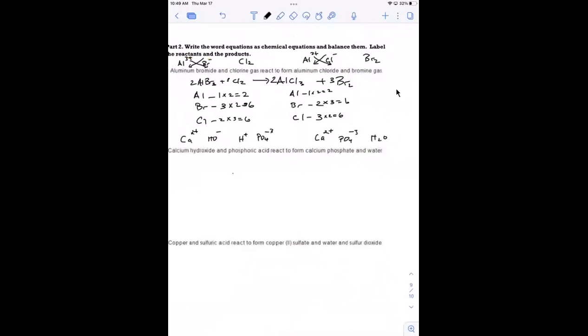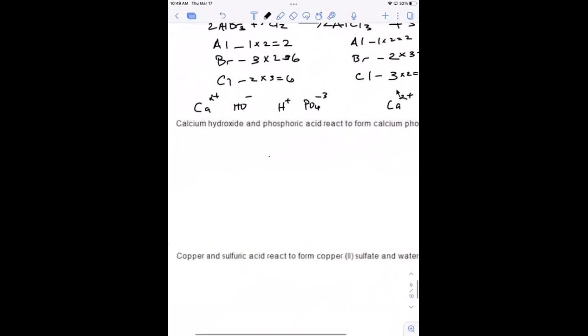All right. So now let's write this out. So it'll be CaOH, and there's going to be a 2 down here. I'll put it in parentheses, Ca(OH)2, and then plus H3PO4.